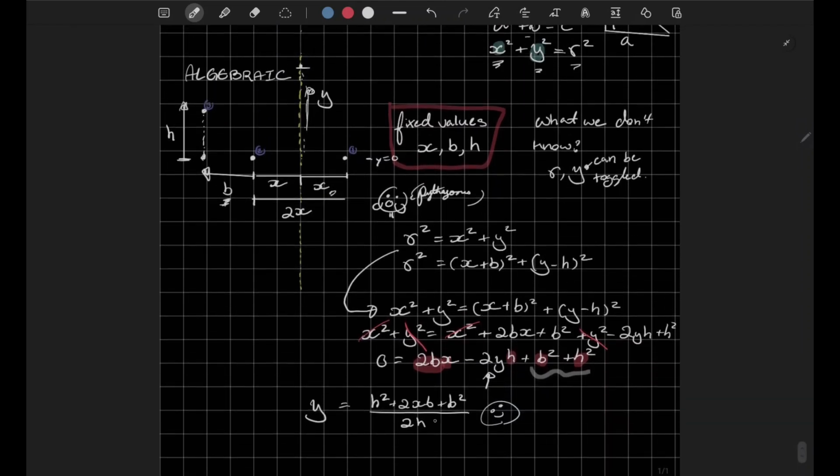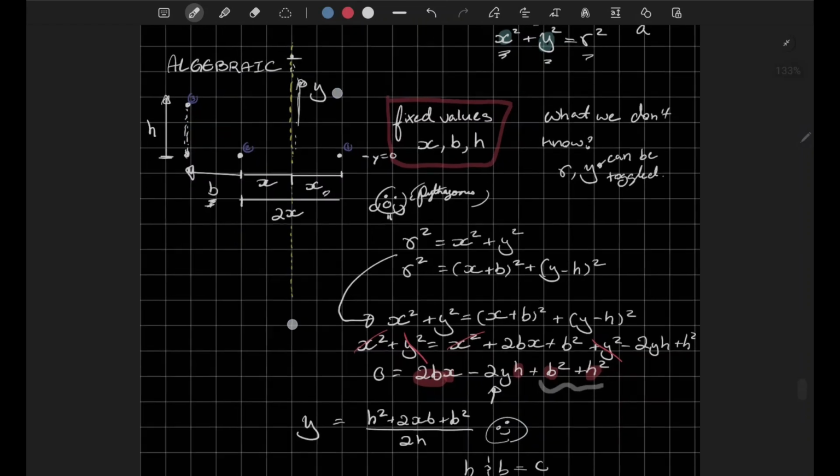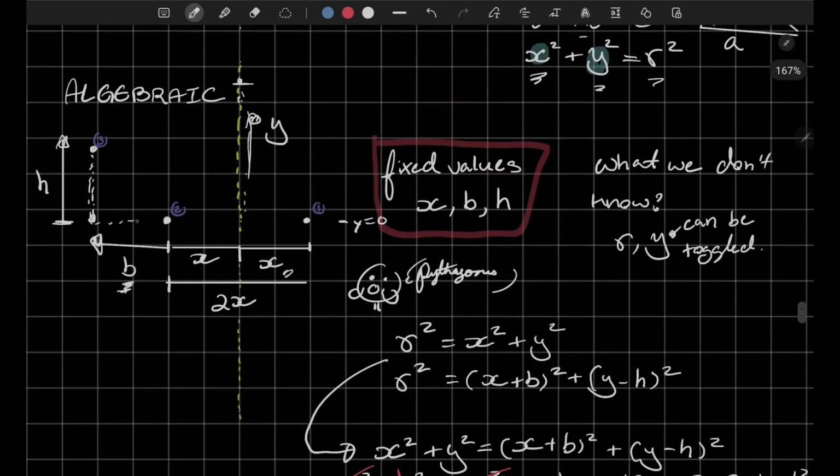And what if h and b were equal to 0? Well, in that case, if h was 0 and b was 0, then y could be anything, once again, because y could be anything on that green line.